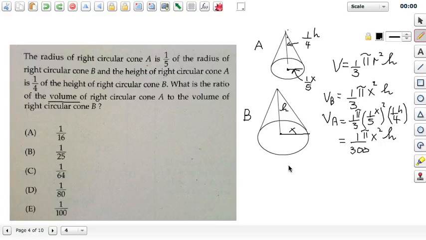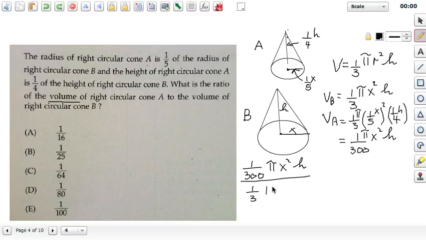So the ratio of A to B would be 1 over 300 pi x squared h, divided by 1/3 pi x squared h. Let's go ahead and do it this way because everything will cancel.